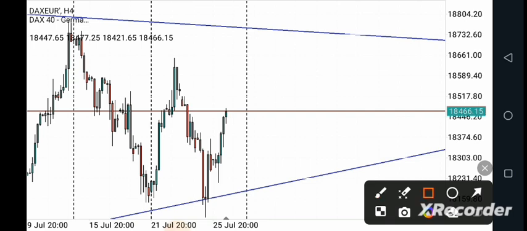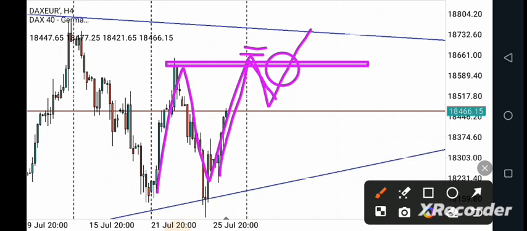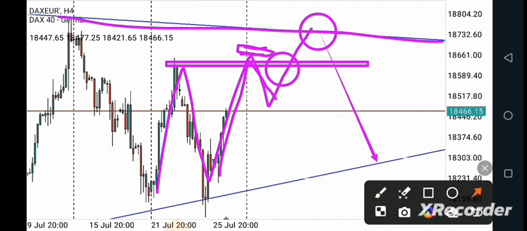Myself personally, I would love to see price at least come back to this level to grab that liquidity, and at this level is where I would evaluate again, as it is quite possible that price may move to this point, give us a fake out by dropping somewhat to the bottom side, and then after people selling at that point, because they will be seeing a potential structure, the market may then push further up, not only to grab the stop losses located here, but also to move price to this level to get a third rejection from that trend line, and then only potentially move further down.